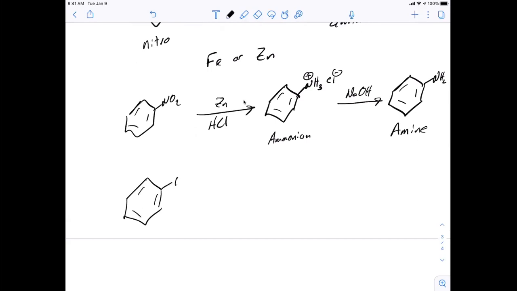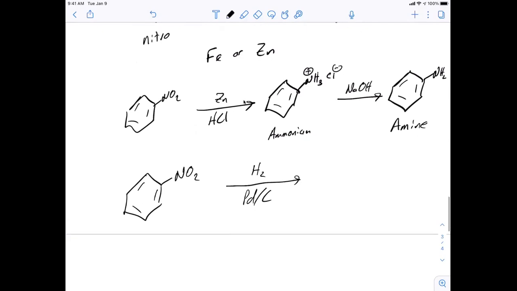And again, remember that the aromatic won't reduce under normal atmospheric temperature and pressure. So I can reduce the nitro group to the amine with hydrogen and palladium. Okay.